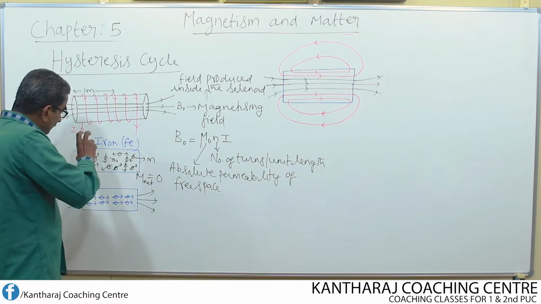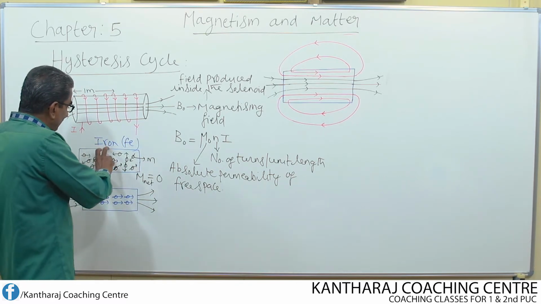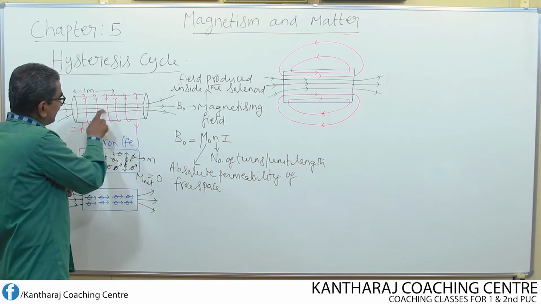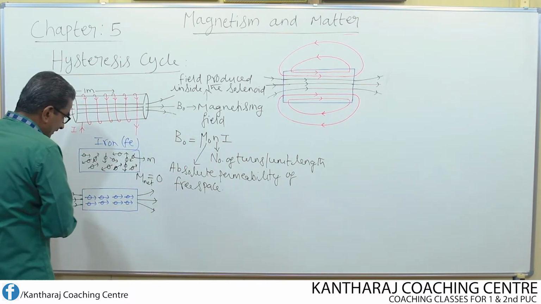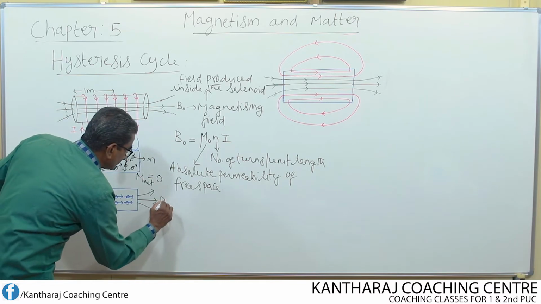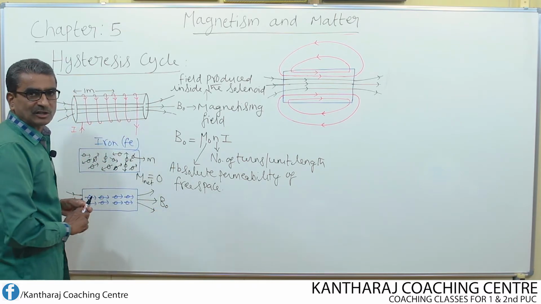But if the same specimen or material is kept in this magnetizing field B naught, what happens? Look here, this is B naught, the field produced by passing the current through the solenoid.